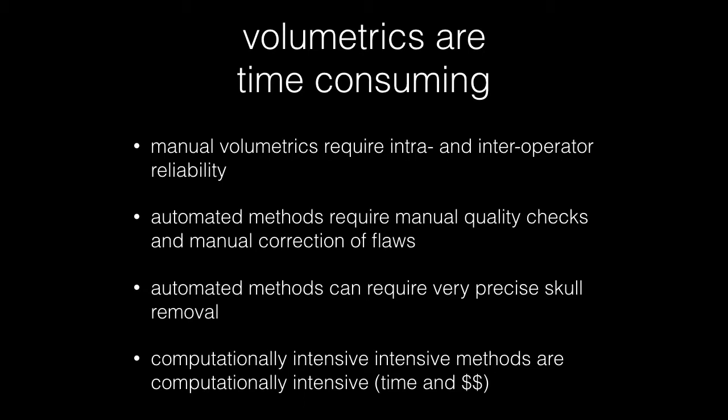And in order to do that, you have to have a very precise and reliable removal of the skull. That's how you're getting your total intracranial volume measurement. And so really that doesn't just apply to automated methods, but any method, automated, semi-automated, or fully manual, in which you're going to express your volumes as percentages of total intracranial volume.